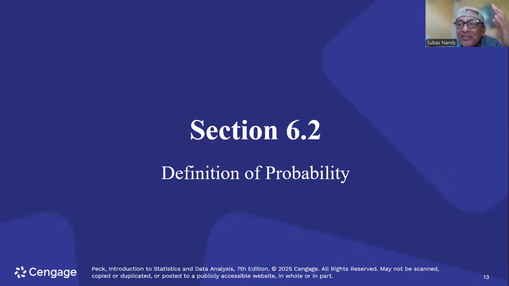That's the beginning of the idea of probability. It's what percentage of the time a certain event will happen in the long run. For example, if you toss a coin 10 times, do not expect 5 heads and 5 tails. That's not going to happen.